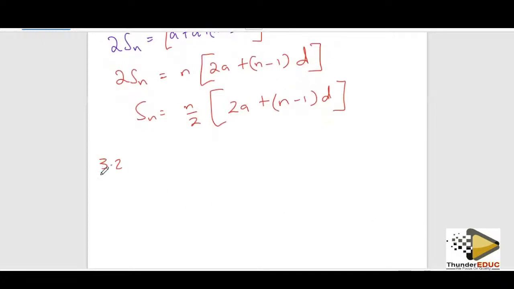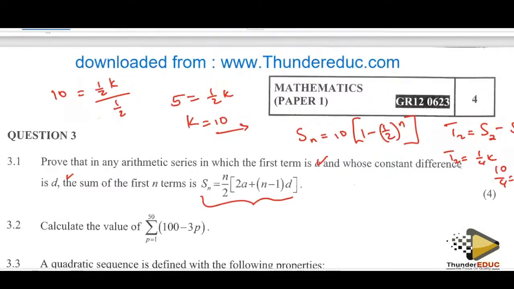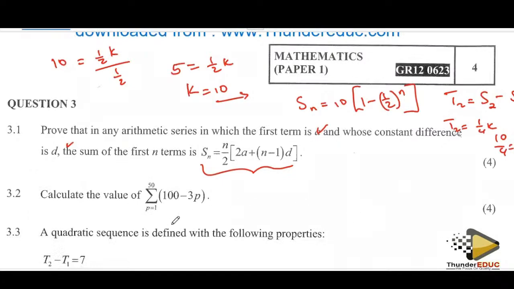Okay, and then 3.2. They want us to find the value of this. So whenever we have sigma notation, it represents the summation or the sum of any progression. Now we need to first of all know what sort of progression this is.